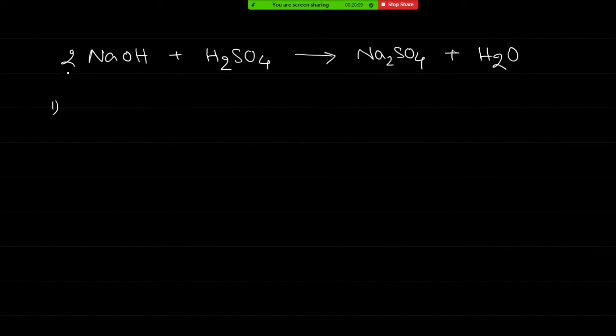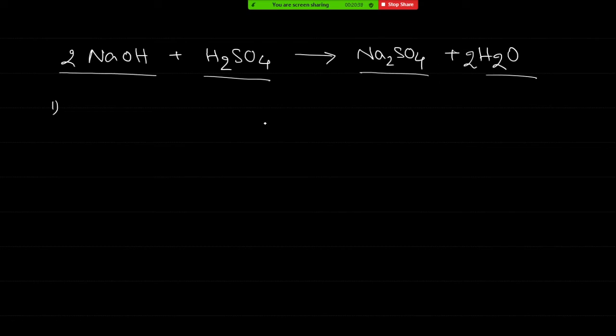Here there are two molecules of sodium hydroxide and one molecule of sulfuric acid. They will react, that means two molecules of sodium hydroxide reacting with one molecule of sulfuric acid. And it gives one molecule of sodium sulfate and two molecules of water.